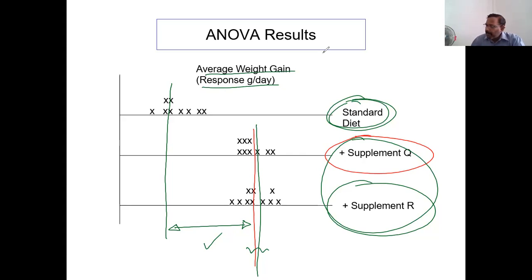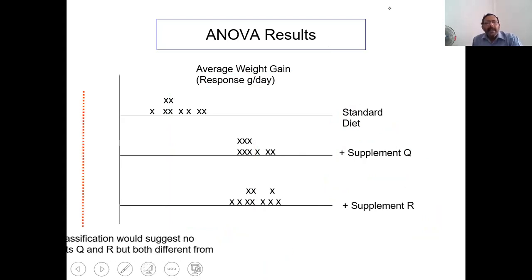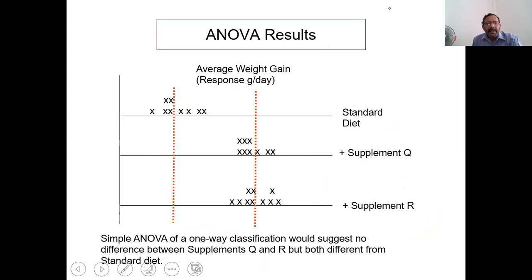So here we come up with the normal analysis procedure. Are we satisfied with this, or do we want to go for other things? Right now we have this indication: in a simple ANOVA of one-way classification, we would suggest no difference between supplementary Q and supplementary R, but there's a difference between the supplements and the standard diet.